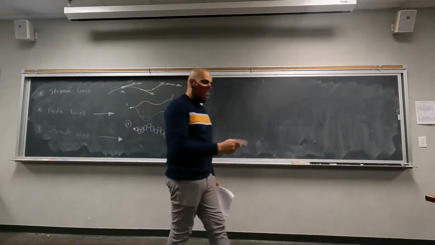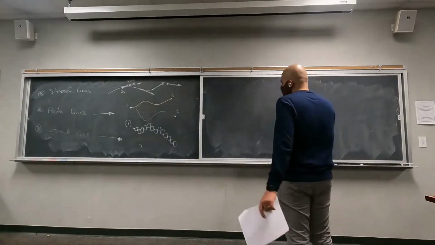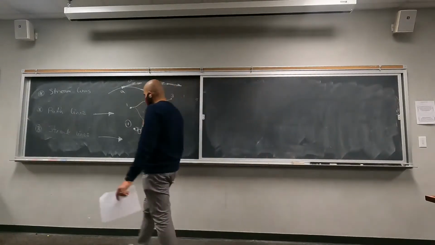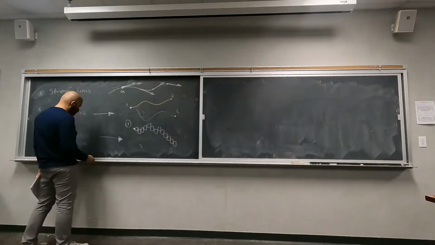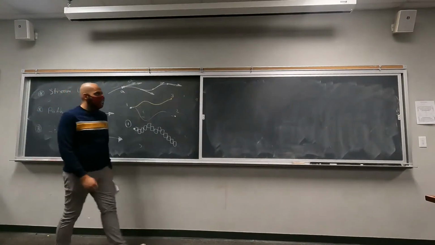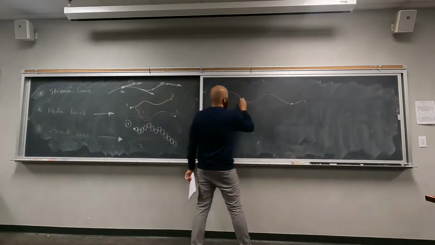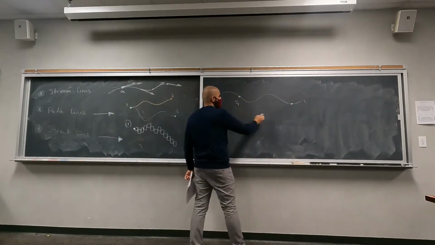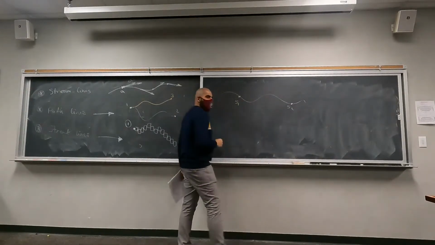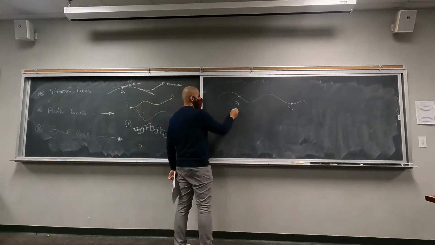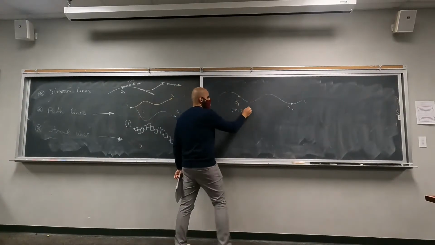What can we say? Let me try to make it a little simpler. Two different points on a streamline are S1 and S2, which have coordinates x, y, z.